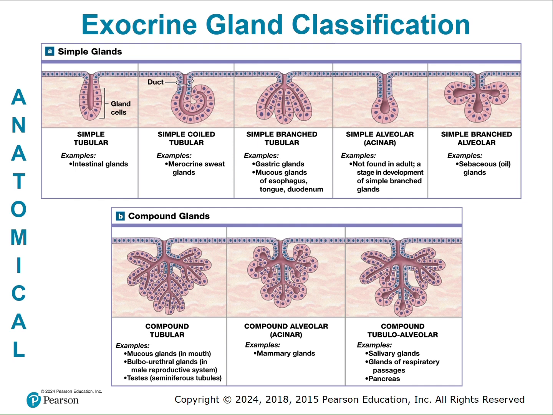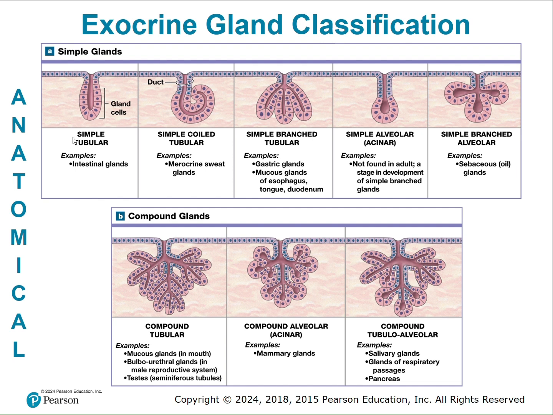We're also going to classify them based on the shape of these areas that are actually going to be releasing the substances. So those gland cells are going to be part of what we refer to as a pit. So the pit is this pink section that's going to contain all these gland cells that are producing the secretion. So the shape of the pit and then how many ducts you have is going to be how you classify it.